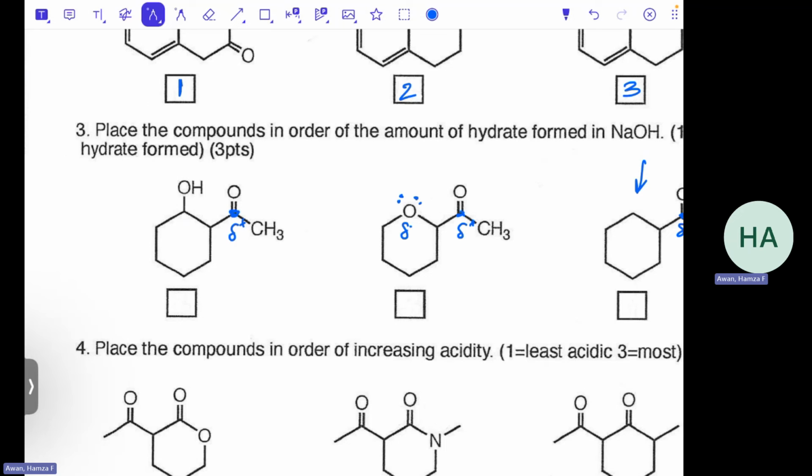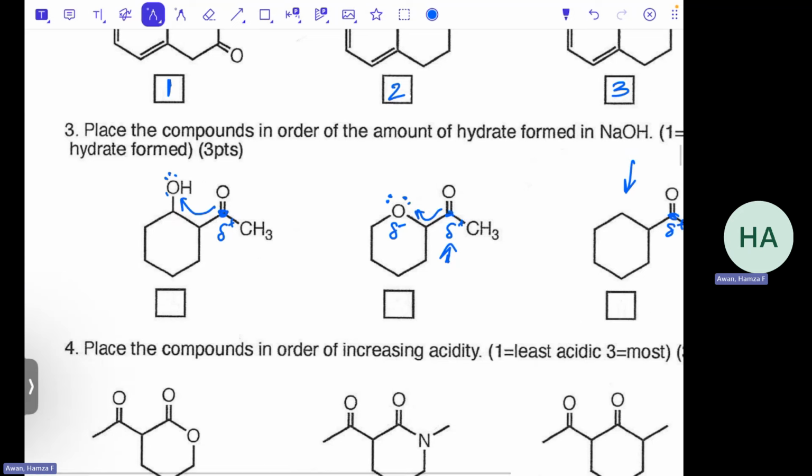So what it would also do, even though it's an electron donating group, it would still pull some electron density, causing this to be even more partially positive, right? And so this OH would also do something similar, but it's slightly further away. So the delta positive isn't going to be as strong as it would be in this center one.